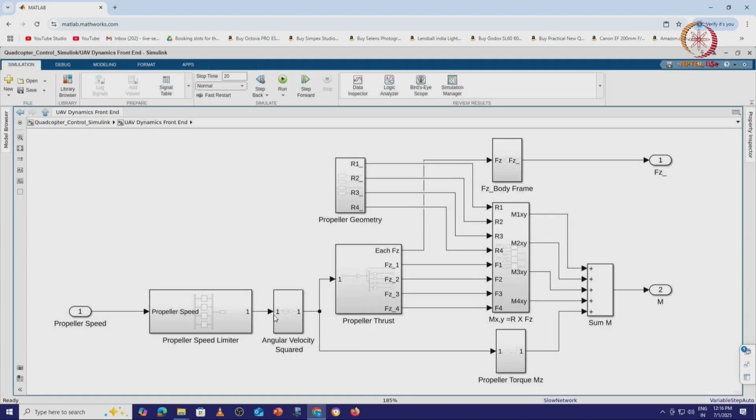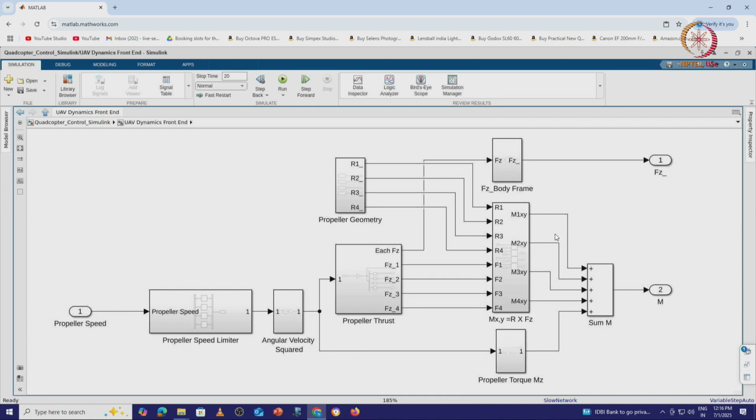Then I take the angular velocity squared, omega squared, since we know that the thrust and moment produced from the propeller are proportional to the square of the angular velocity. Then I get the thrust in all four, and looking at the propeller geometry, which I have implemented, I get the torque, and convert everything into the body coordinate system.